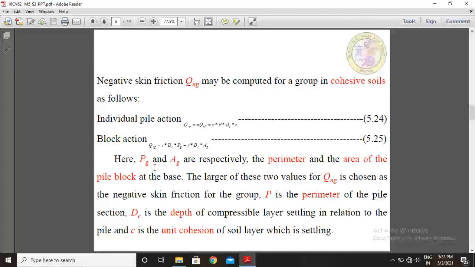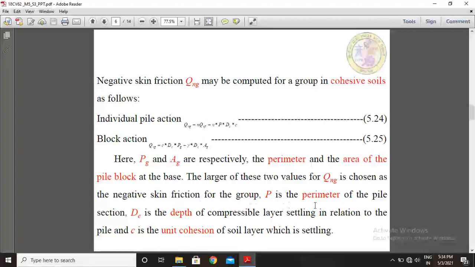Here Pg and Ag are respectively the perimeter and the area of the pile block at the base. The larger of these two values for Qng is chosen as the negative skin friction of the group.